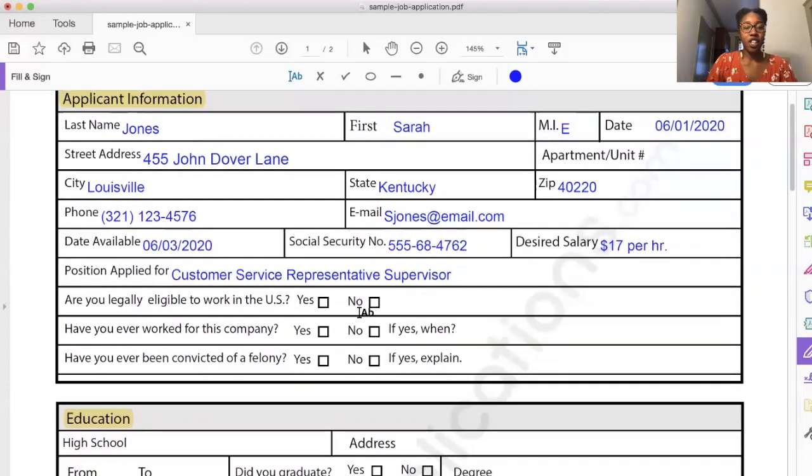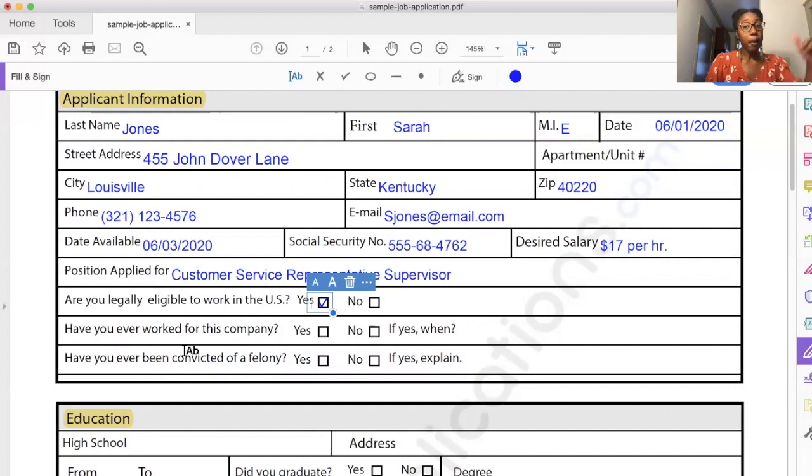Next, the application asks, are you legally eligible to work in the US? Are you eligible or able to work in the US? And here you would put yes. Next, it asks, have you ever worked for this company?